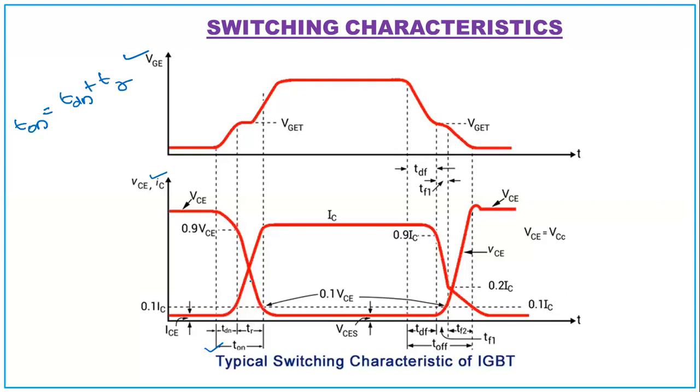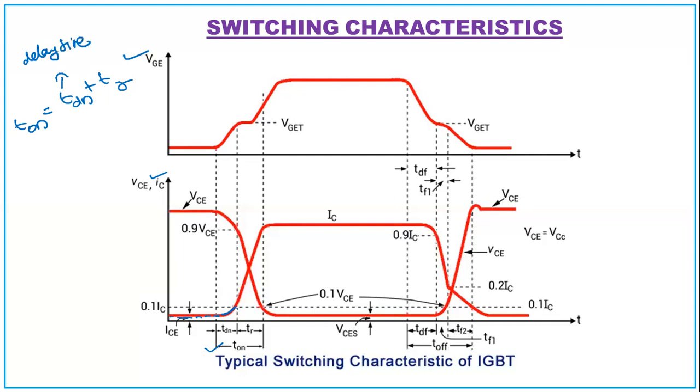Delay time is defined as the time in which the collector current rises from the leakage current ICE. From ICE it is increasing to 0.1 IC, and that time is called the delay time.